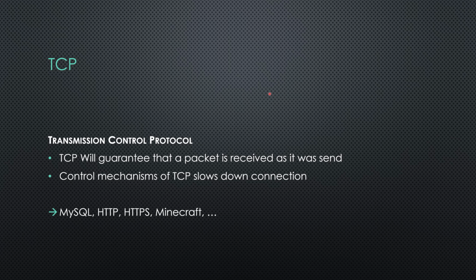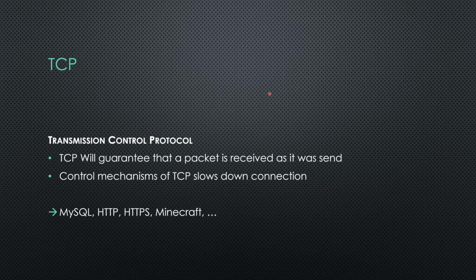The only issue with TCP is that the control mechanisms that guarantee the data is received as you sent it will slow things down. For example, if you send one packet and the packet is delayed on its way, we always need to wait until this one single packet is received before we can send the next one.